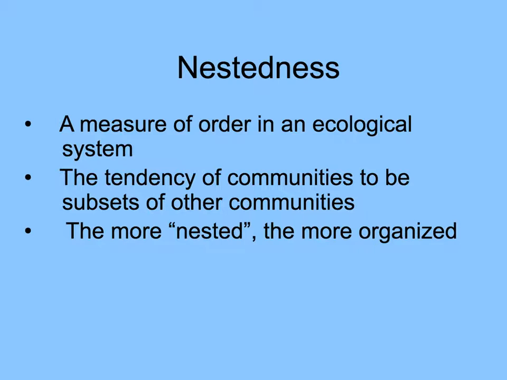In my own field of plant-animal interactions, we use nestedness, but you can do it just based on which plants are present with other plants, different species with each other. If communities are subsets of larger communities, it's said that this landscape or set of communities is more organized. They're nested within each other.